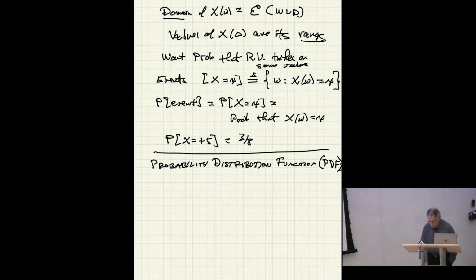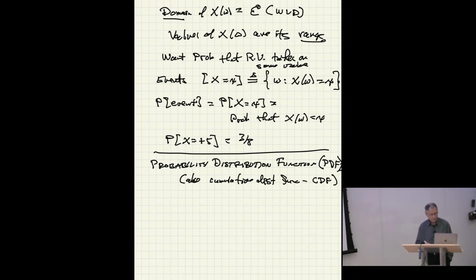It's also known as the cumulative distribution function in probability theory, which is often written as capital C, capital D, capital F. We won't use that. We'll use capital PDF.